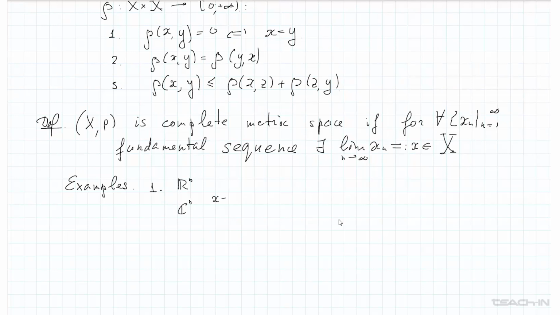It consists of n-dimensional vectors with real or complex coordinates. Yes. And standard Euclidean metric is square root from sum of squares of the absolute values of the differences. Yes?